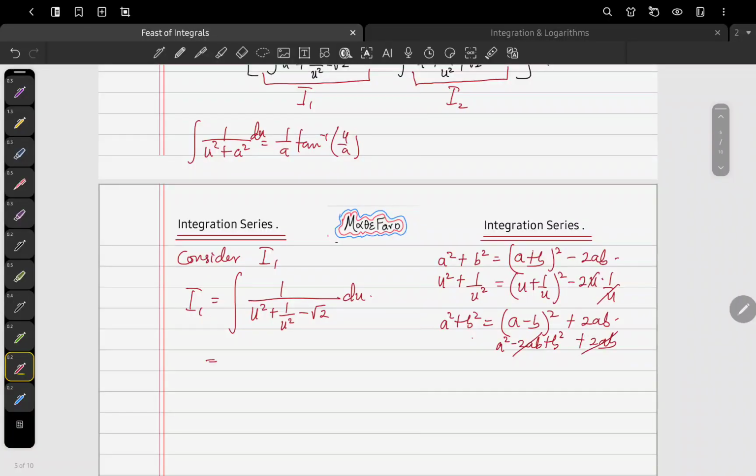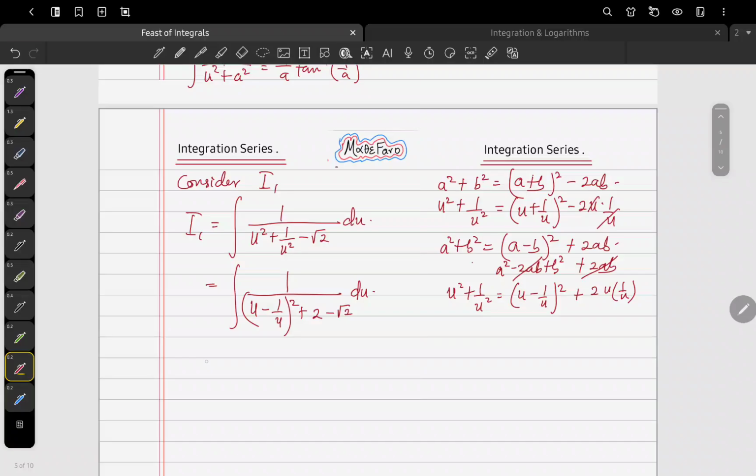So for me to be able to have plus 2, because if I use it here, u squared plus 1 over u squared is (u minus 1 over u) all squared, then plus 2 times u times 1 over u. So it means I can replace this with (u minus 1 over u) all squared, then plus 2 minus square root of 2 du.